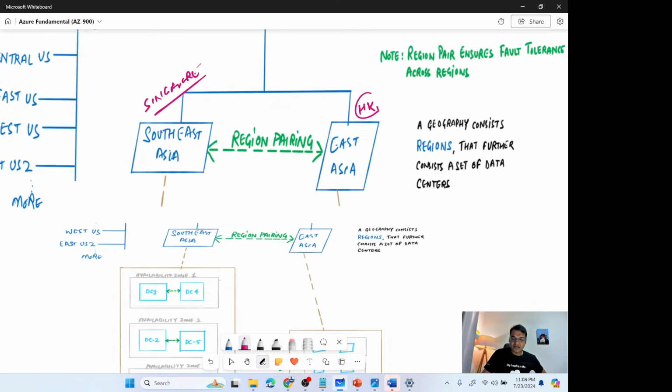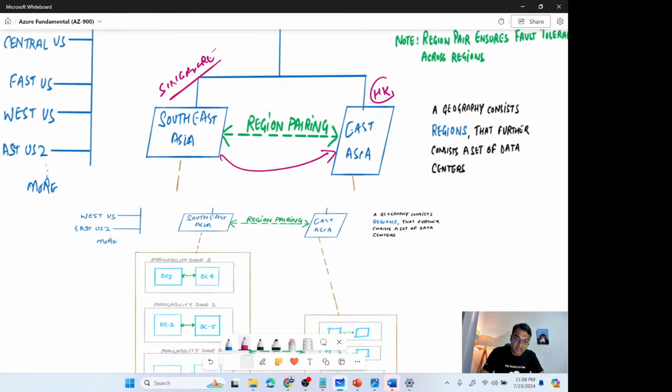What happens is Azure automatically takes a backup of that here from Singapore, and it replicates that backup to East Asia automatically. So every region has a paired region to make sure that there is high availability. Your data gets replicated automatically, which is to increase high availability. If you don't do that, there is something wrong. Let's say the entire Singapore is down for some reason, my data would be gone, my application would be gone. To prevent that, they do that.